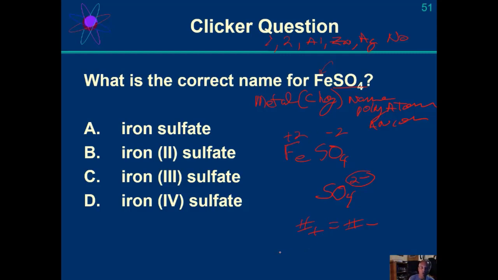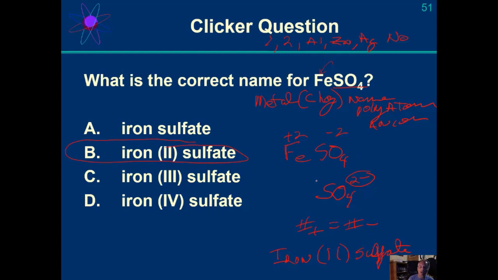So this would be iron. I hope you recognize that Fe is iron. In parentheses, Roman numeral 2, and then sulfate. Iron 2 sulfate is the name of this compound.